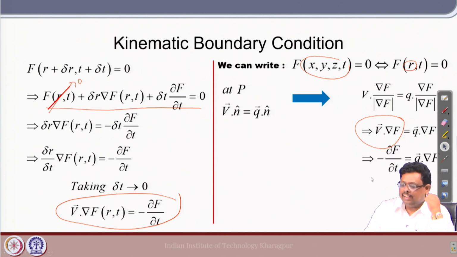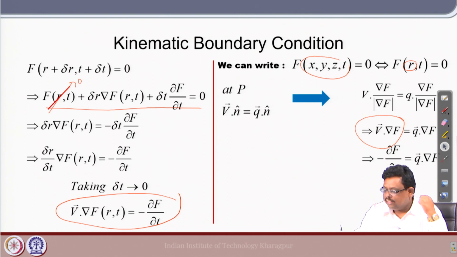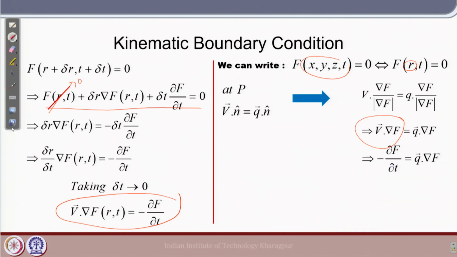Finally, we get the equation ∂f/∂t + Q · grad f = 0 at P. This is very well known, and everybody knows this equation.